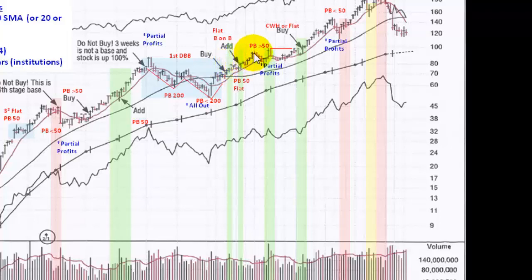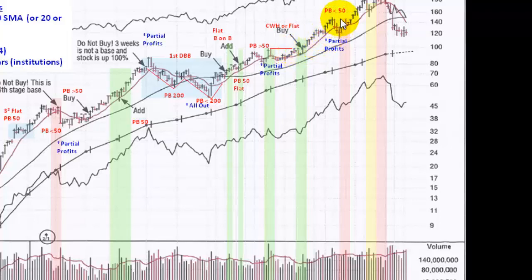And it runs up a little bit and falls back down below the 50. It kind of hugs it for a while tentatively. Then finally, you could call this a cup with handle, or you could call this in here a flat base. I suppose it's all in your perspective and interpretation skills.